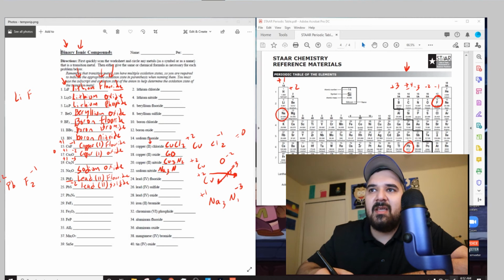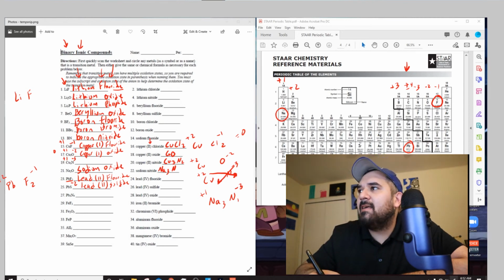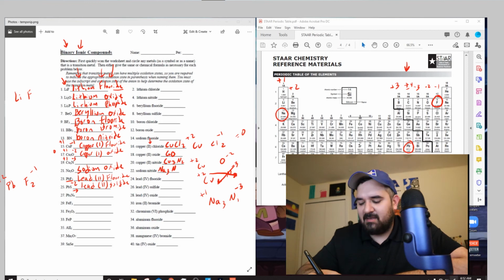So Pb3N4. So in this case, our nitrogen has a charge of -3, and then there's 4 of them. We just do the uncrisscross method, so you can see that 3 here, which means lead probably has a charge of 4, but we could also do the math. So with a charge of -3, we have 4 of them. So 3, 6, 9, 12.